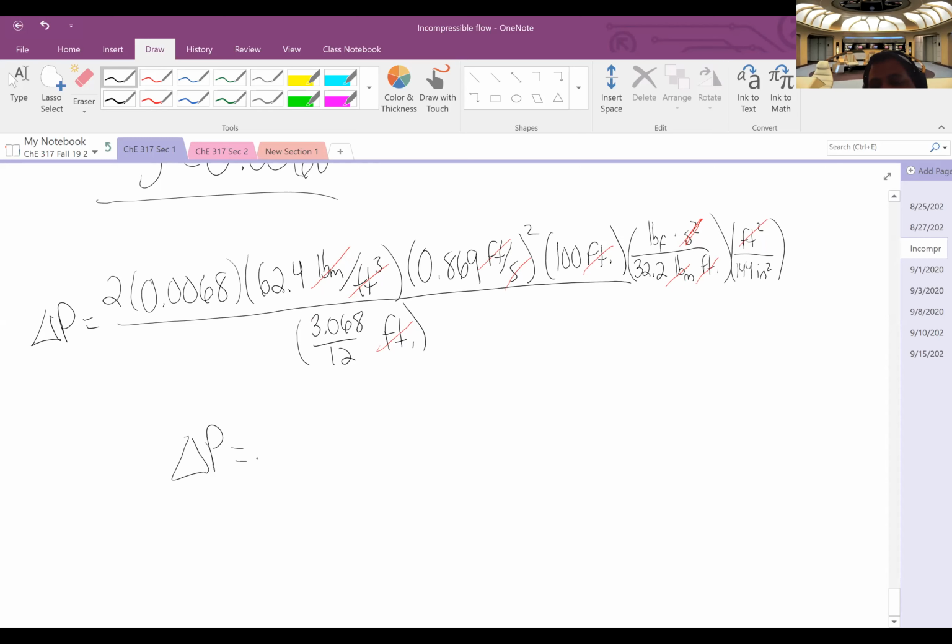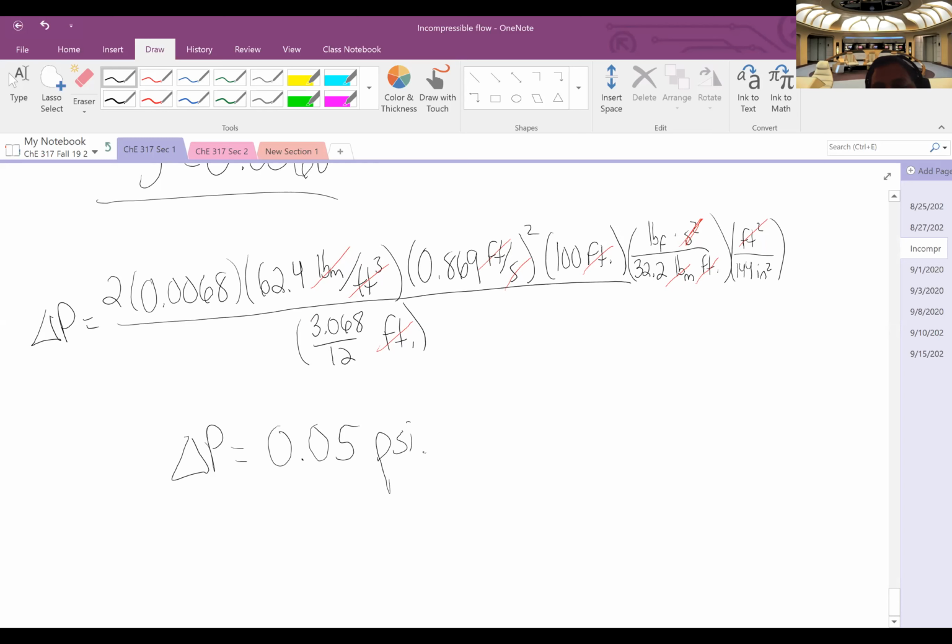I can do this calculation. I get approximately 0.05 PSI.